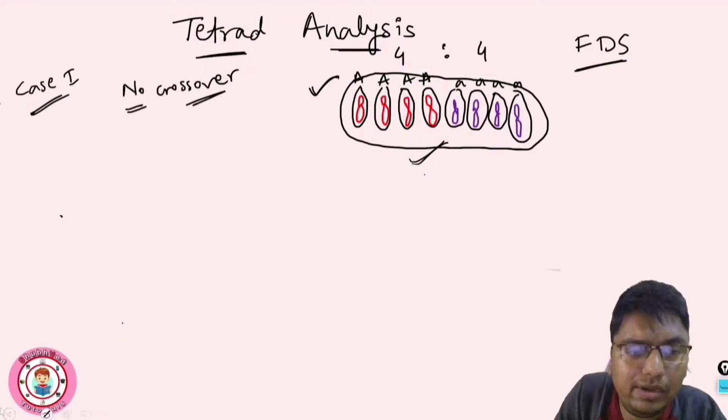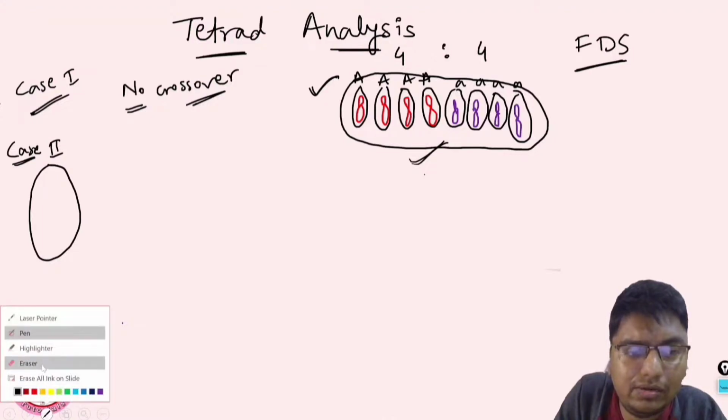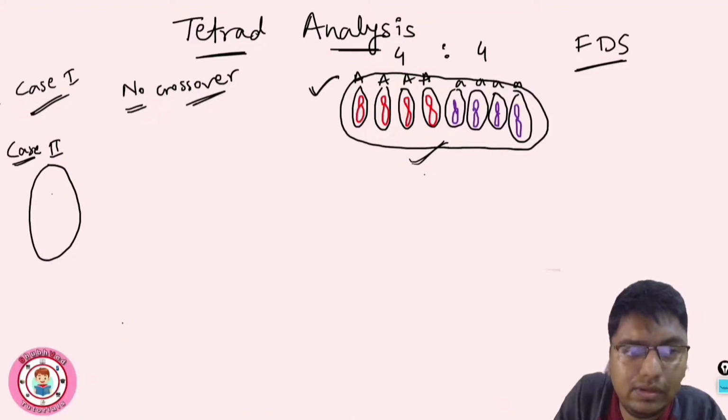I will draw the chromosomes and pictures here again. We are talking about case 2. Here there are two chromosomes.